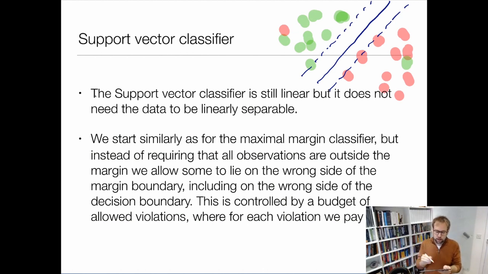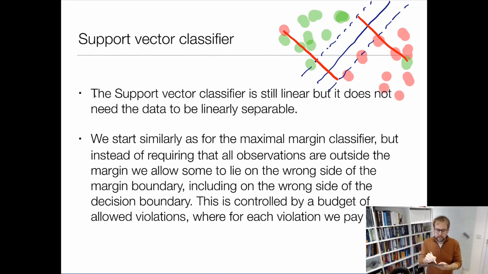So those 2 points give me a violation, in particular if I draw this maybe with a red line. This point here should have been below this boundary, and it's off by the amount of this red line. It should have really been on the right side of the margin, but it's on the left side by the amount of the red line. Similarly, this green dot is off by so much. So those two red lines are the violations by which I'm off.